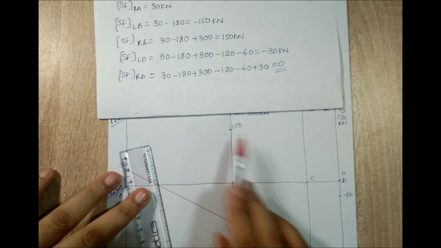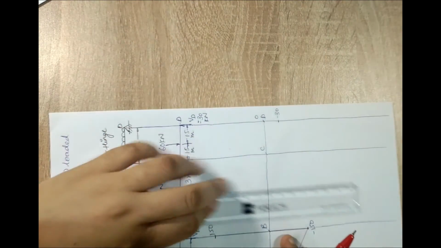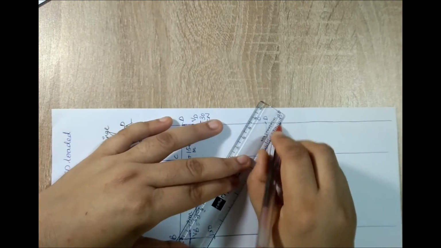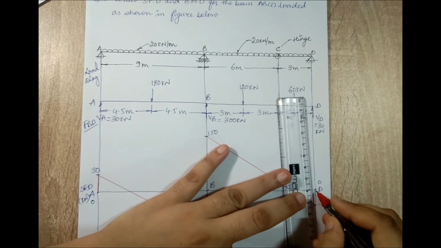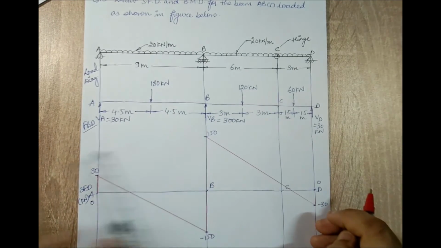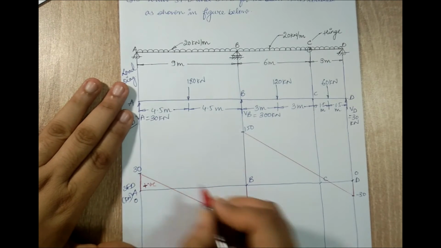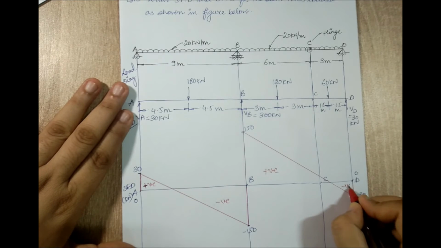Then I'll join from 150 to minus 30, and finally, I'll join from minus 30 to 0. Here I'll write down positive, this is negative, this is positive, and this is negative value.